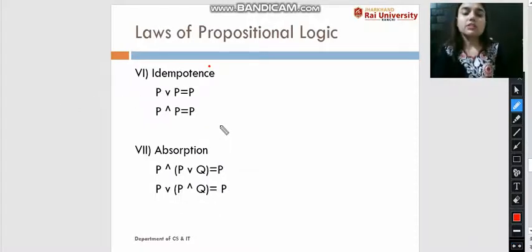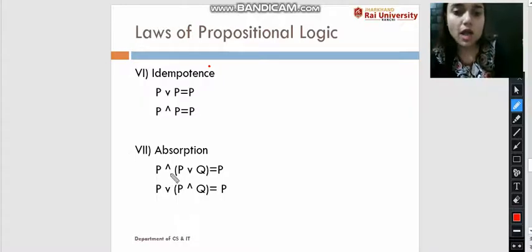The next law is the idempotence law, which says that P and P is always P, while P or P is always P. The seventh law is the absorption law, which says that P and (P or Q) is P, and P or (P and Q) is always P. Again, we can prove these laws using a truth table.